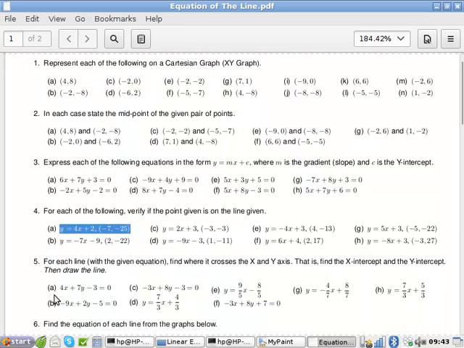Right, now we're going to draw some lines. Draw 4x plus 8y minus 12 equals 0.